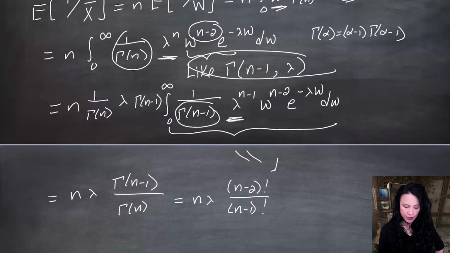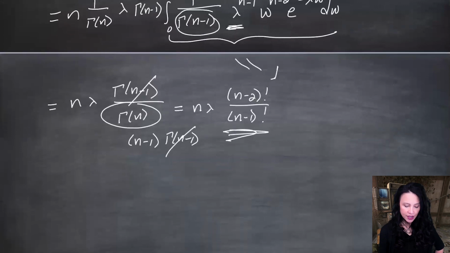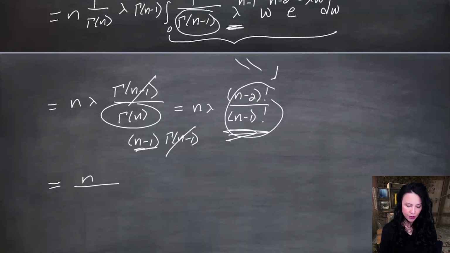And so you might write this denominator as n minus 1, gamma n minus 1, and then cancel those gammas. I'll keep going with this one. I've got n minus 1, n minus 2 all the way down in the denominator, and n minus 2 all the way down in the numerator. So when I cancel terms in here, I do just get n minus 1 in the denominator. So overall, we get n over n minus 1 times lambda.